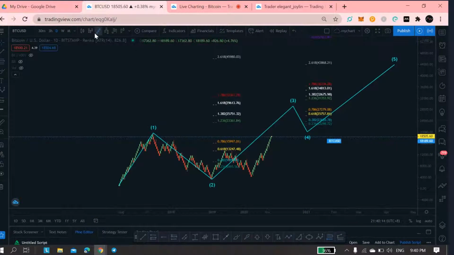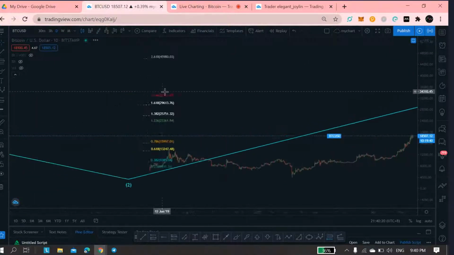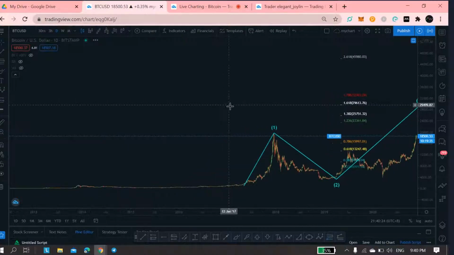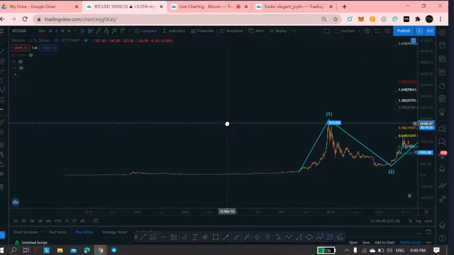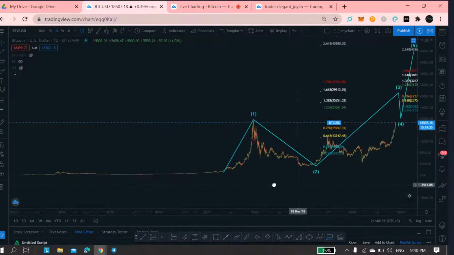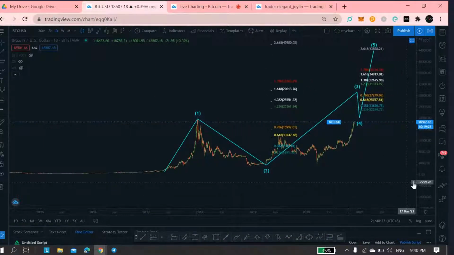So now let's try to use the candlestick, because we'll just measure the times or the range. So the range of wave 1, let's just arrange it a bit.